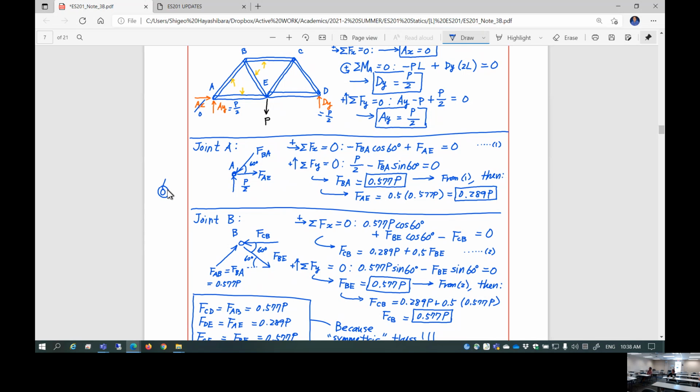This is what's going on. Wait a minute. Compressive, is it?